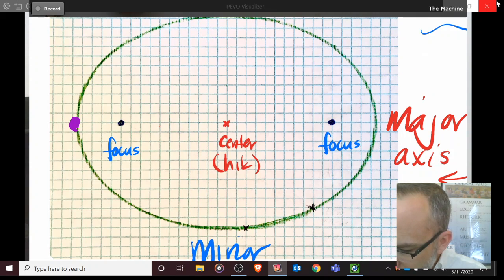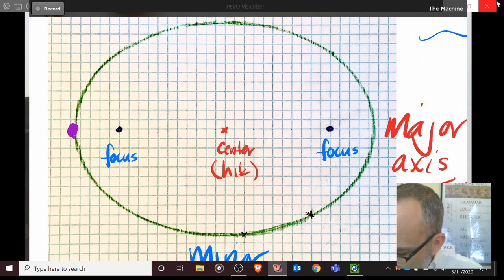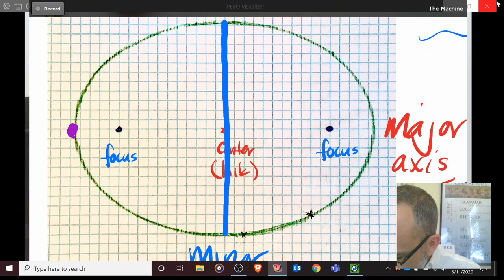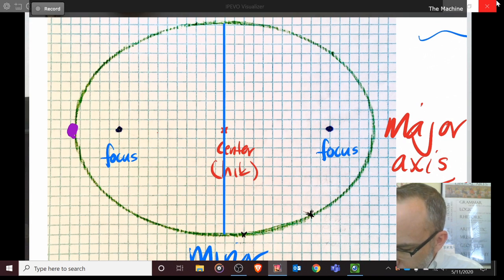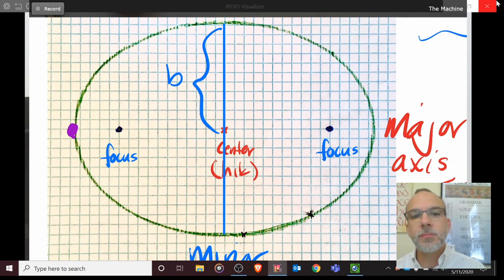Let's talk now about this minor axis, which is going to be the short diameter, if you want to call it that. And it's going to go like this. The distance from the center to either end is a B distance.